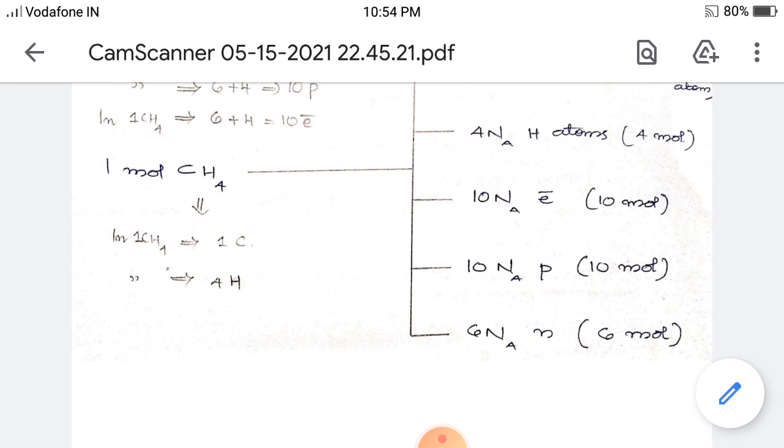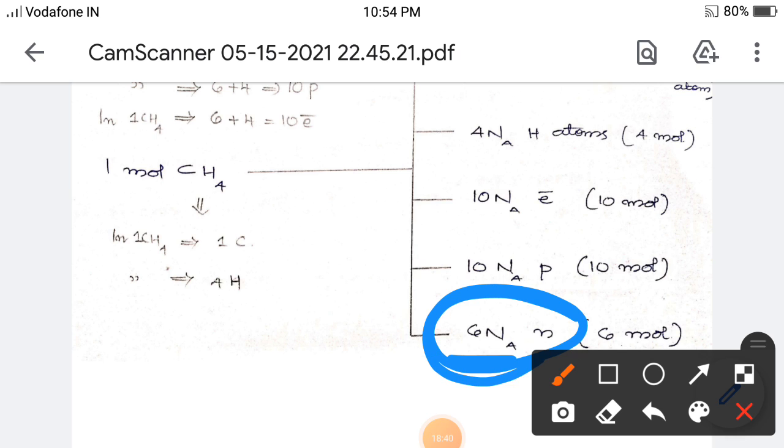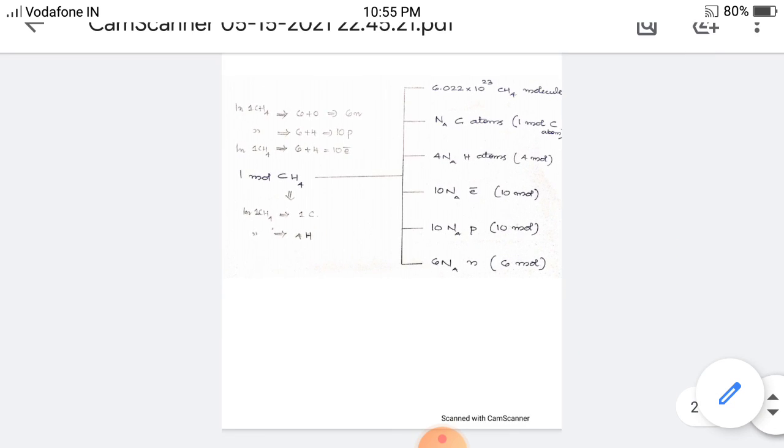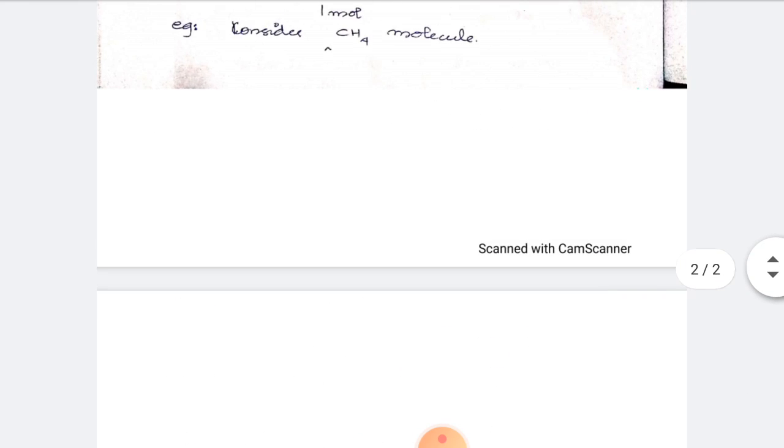So 6.022 × 10^23 CH4 molecules contain 6 neutrons into NA, and we can write this as 6 moles. Everything is clear about this concept, which is very, very important for the NEET examination.